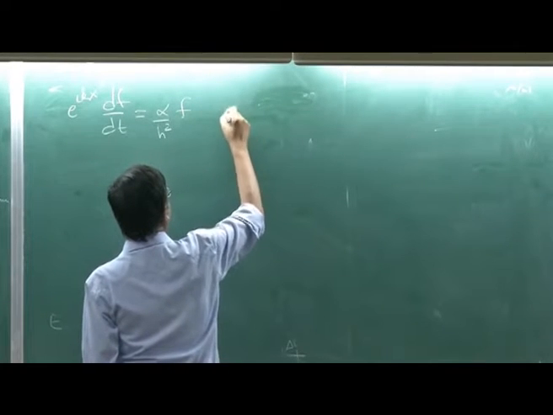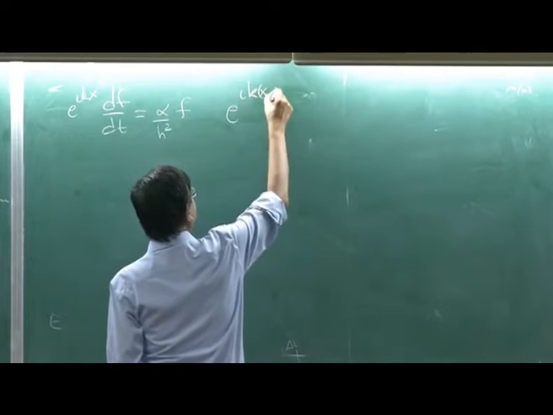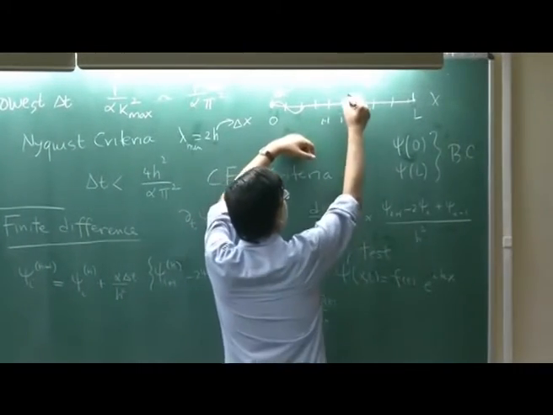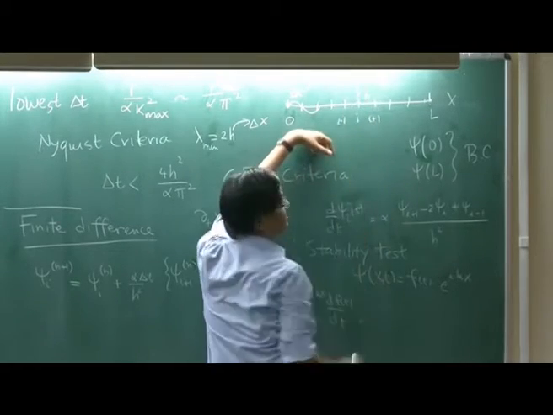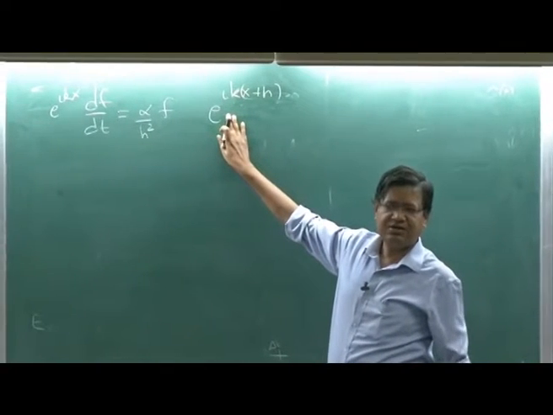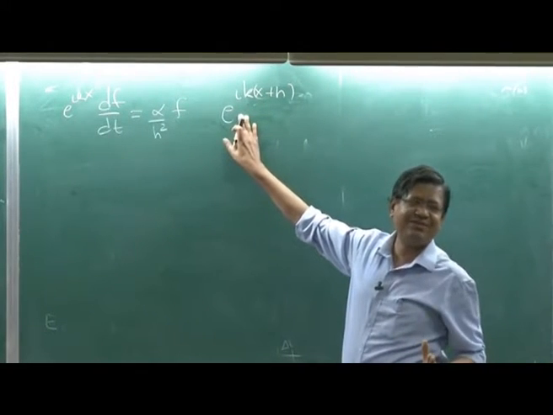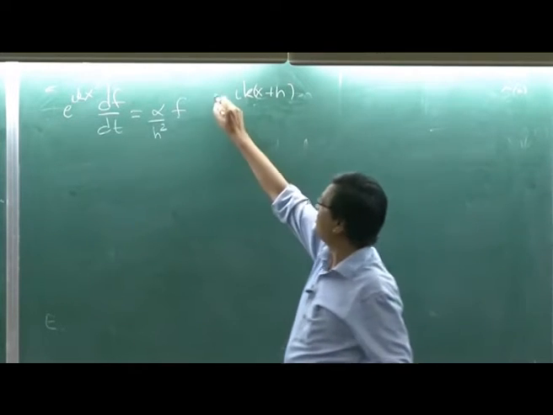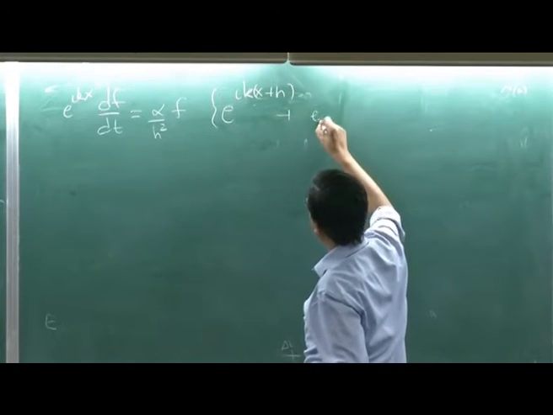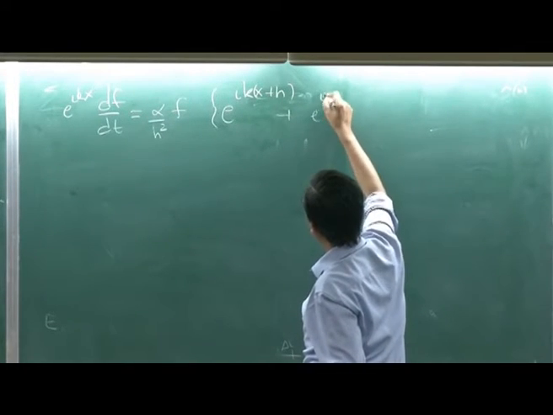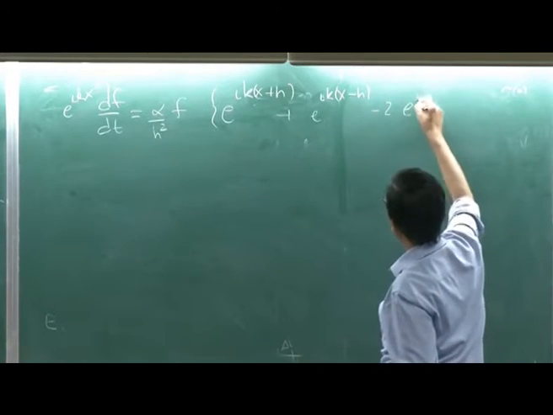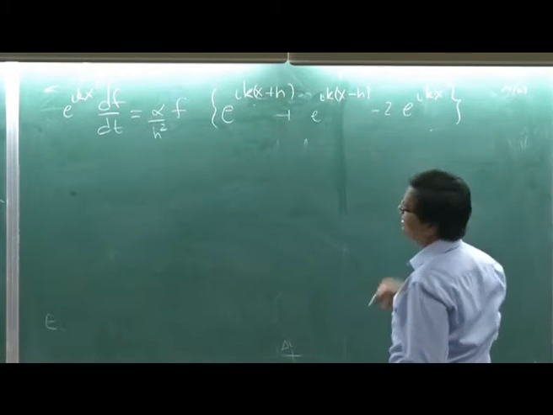Now what will I get here? I get e to the power i k (x plus h). So this is psi i plus 1, this point. This is h, this is x. So this is f i plus 1. If you are confused, please let me know right away. This fine? Minus 2, and then psi i minus 1 gives e to the power i k (x minus h), minus 2 times the i k x term.